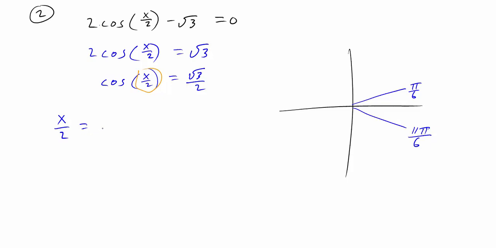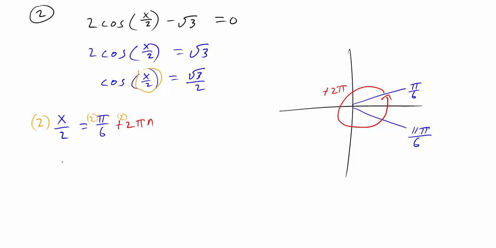So that means we would have x over 2 equals pi over 6, and once again we could always go all the way around and back, so we're adding on multiples of 2 pi, so we're going to add on 2 pi n. And once again here now we need to get x by itself, so to get rid of the 2 on the bottom, we're going to this time multiply everything by 2.